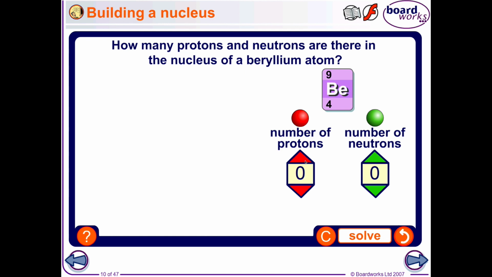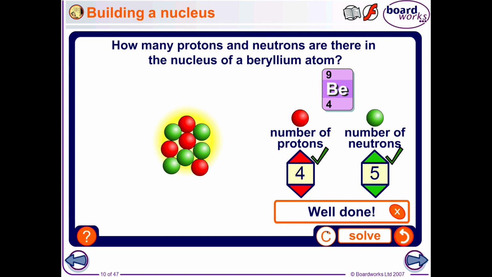Now what that means is I've got 4 protons, and because the mass number is 9, the total number of protons plus the neutrons must equal 9. Well, I've already got 4 protons there, so I need to add another 5 neutrons to get my total mass number of 9. And of course, that will then give me the correct number of protons and neutrons for beryllium.